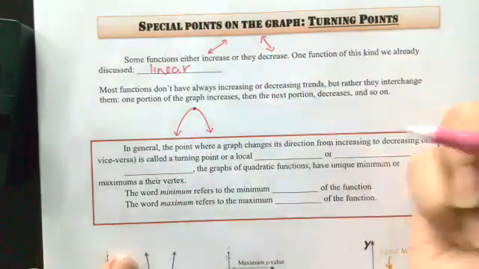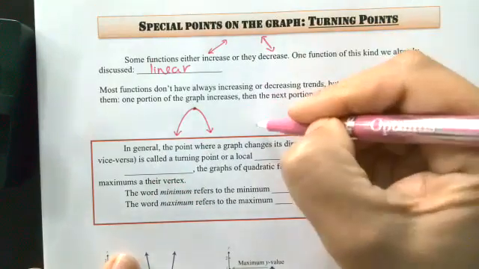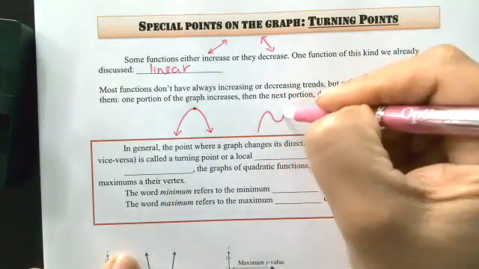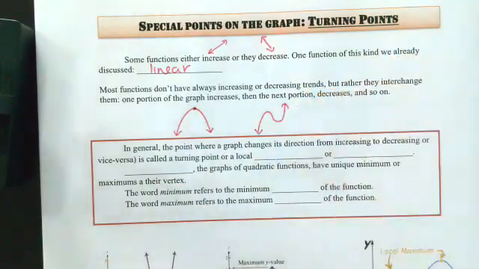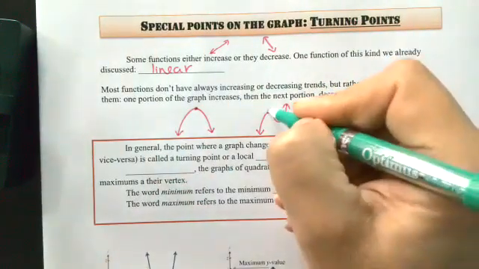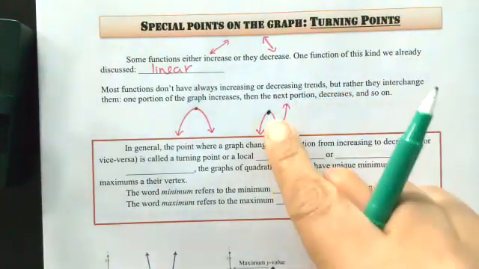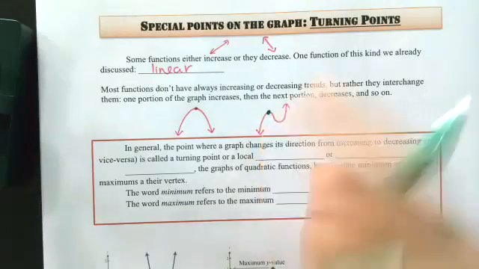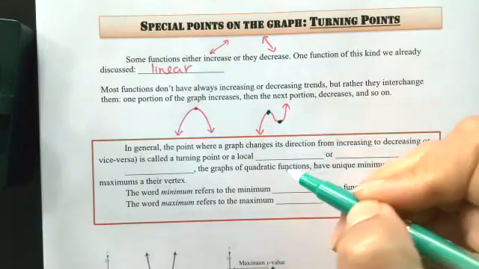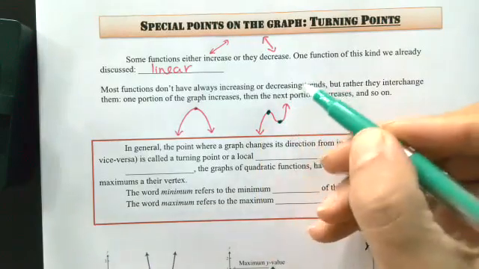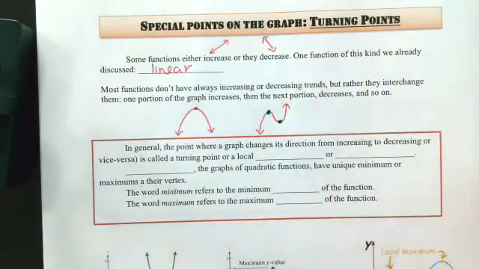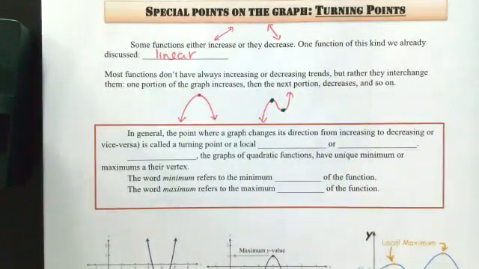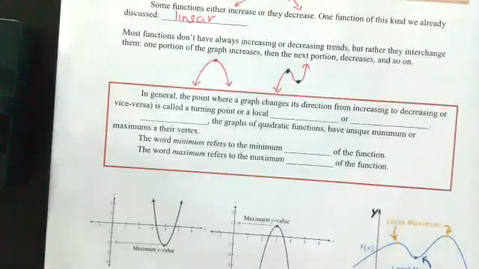For example, the cubic function we will be discussing has this shape, some of them at least. It will be increasing on the first part all the way to this turning point, then decreasing all the way to this lower turning point, and then increasing again. So how do we define turning points?